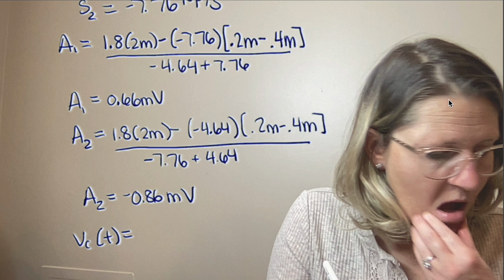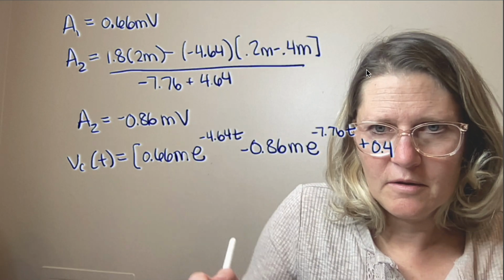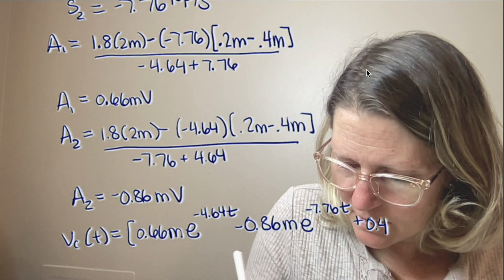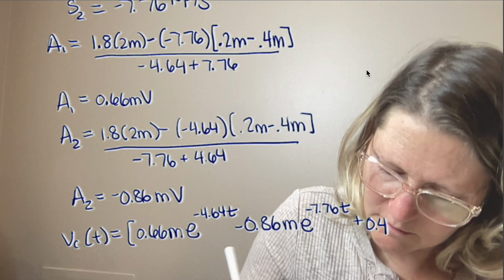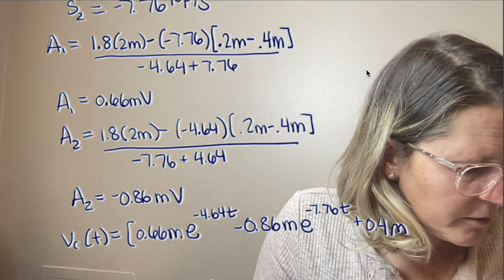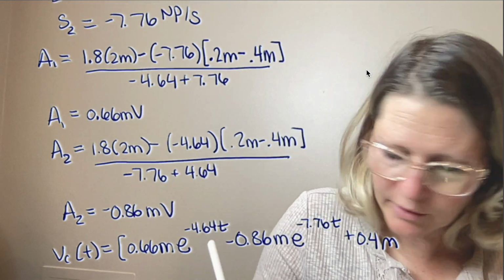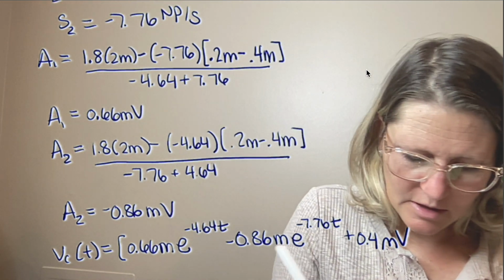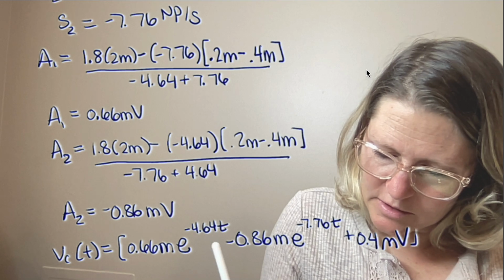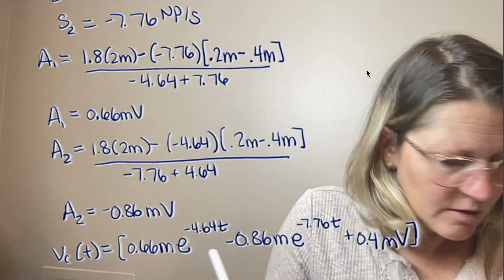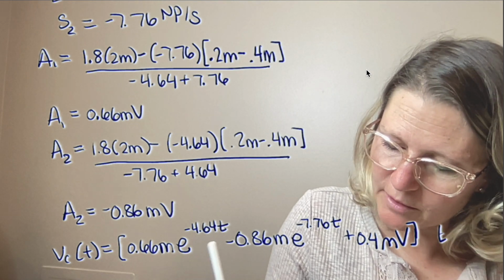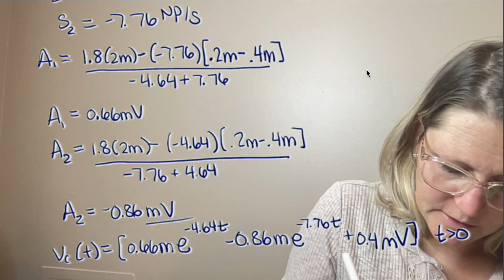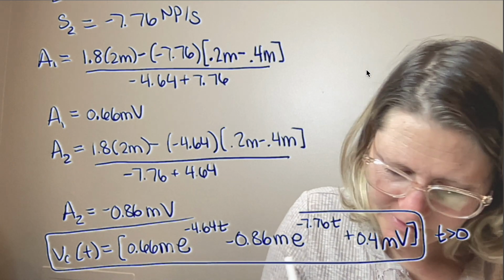And then VC at infinity, which was 0.4 milli. So 0.4 milli. And so that will be in volts. And this is all for t greater than 0. And so this is my answer for VC of t.